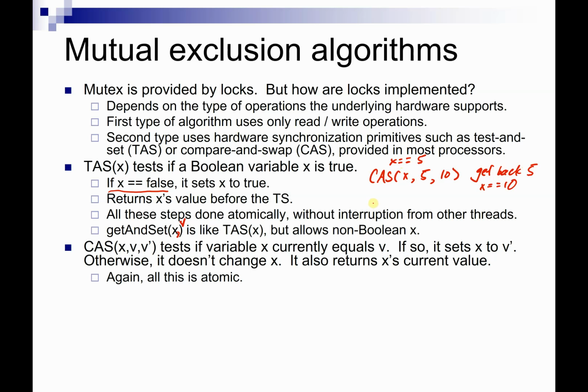However, if you do compare and swap of x, 6, and 10, then nothing is going to happen because we compare the current value of x, which is 5, to 6. They're not equal, so we do not set x to 10. So we still get back 5, and x continues to equal 5. Again, all these steps happen atomically: both the comparison of x to the value v, and then potentially setting it to v prime.